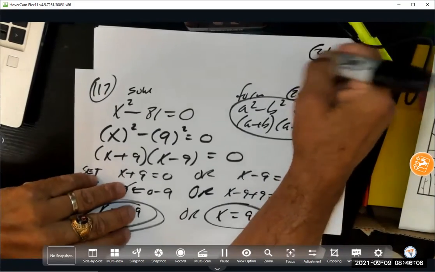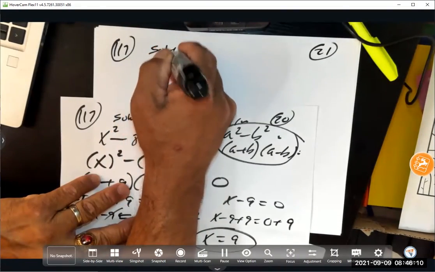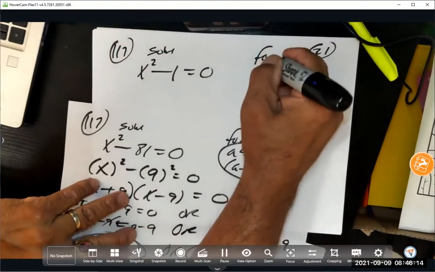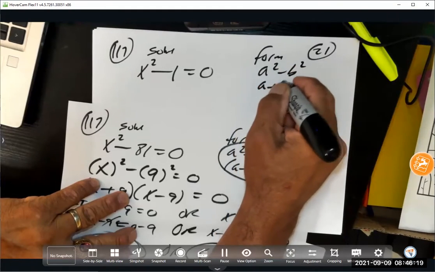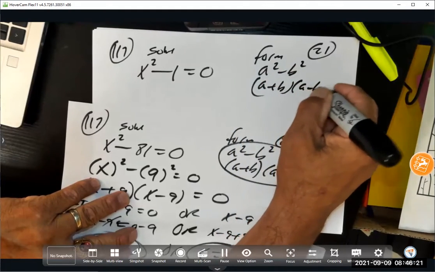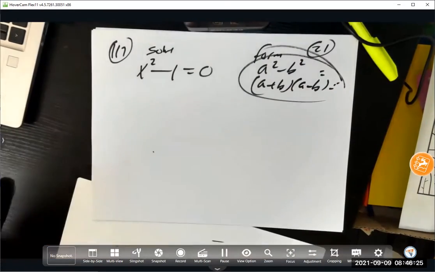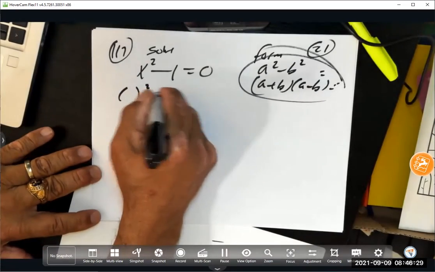Do it again. You get it right here. Suppose I have this. It says solve x squared minus 1 equals 0. Formula again. A squared minus b squared is a plus b times a minus b. Same formula again. So tell me, something goes here and something goes here.